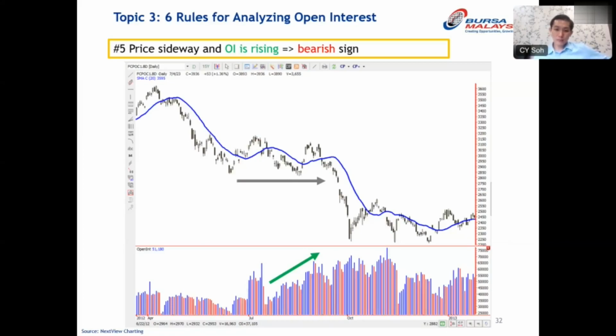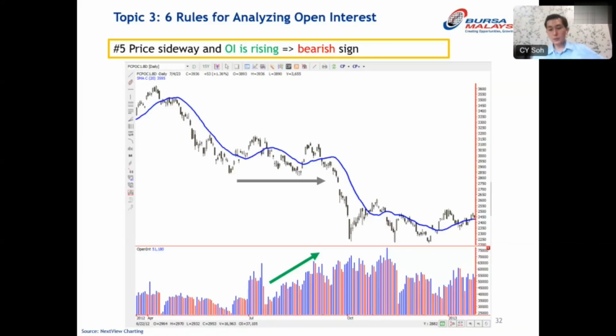So rule number 5, this situation is a bearish sign because public retail traders generally place on the long side with the bulls. In this case, when you see sideways and rising open interest, you can't really tell how many bulls are entering or how many bears are in the market, right? But there is one rule of thumb you can follow.